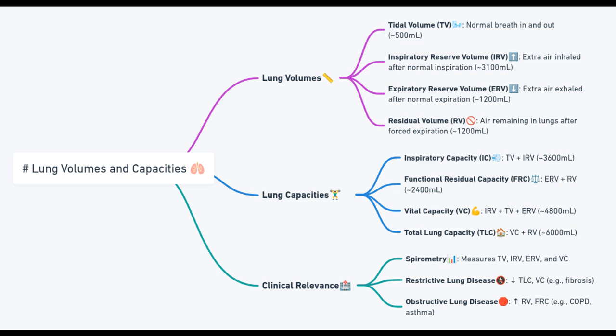But when it comes to the percentage change, which is the change in FEV1 over the pre-FEV1 times 100%, if you have 300 over 3000 times 100%, that is 10%. So though the change in FEV1 exceeds the 200 mils, the percentage change is less than 12%, so it's irreversible.